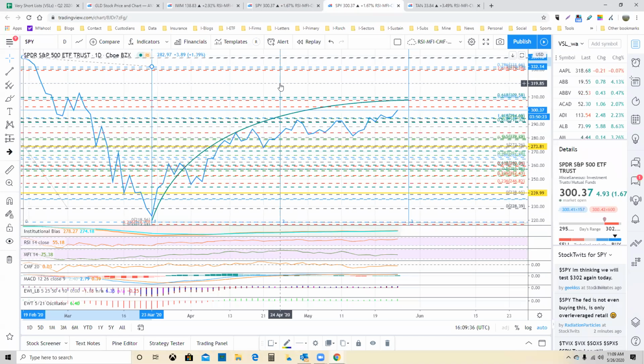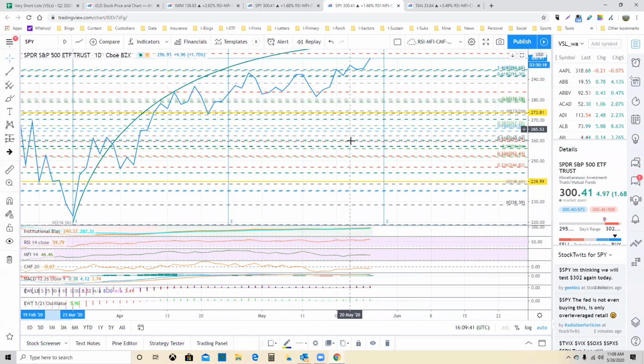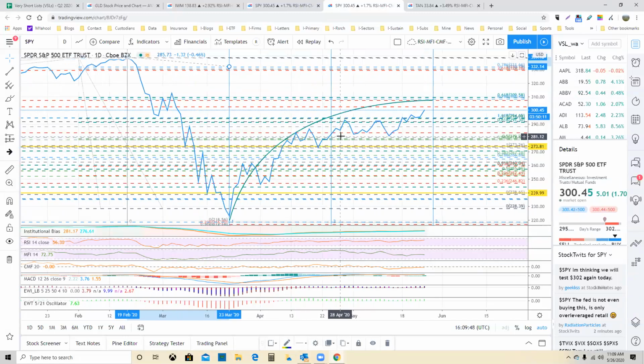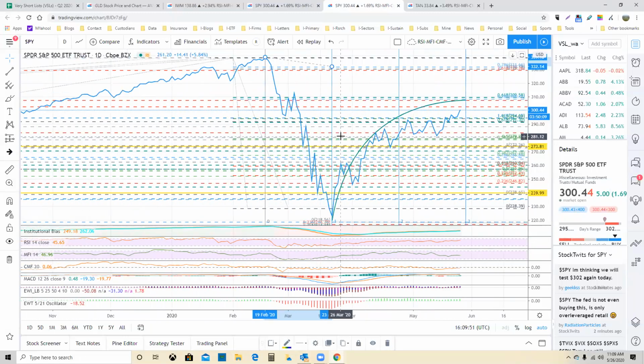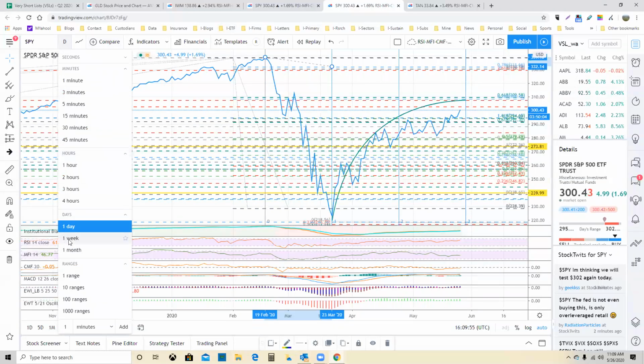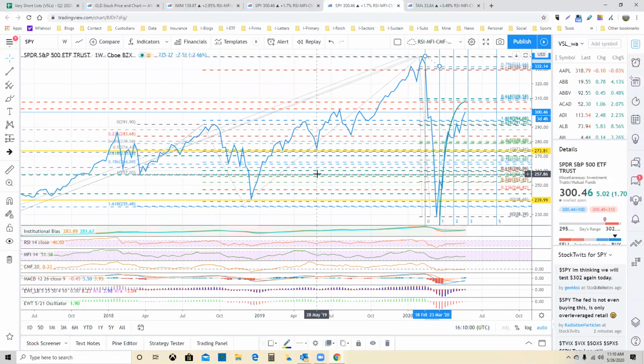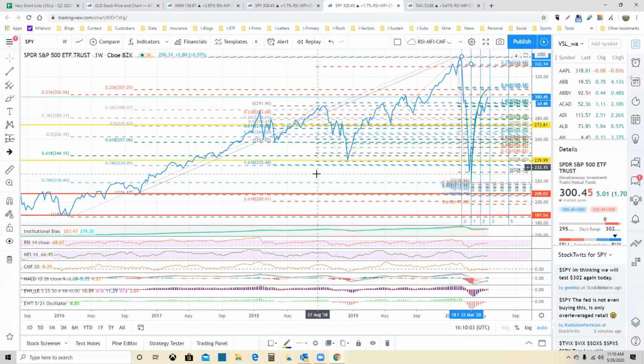I'm going to keep that one just because look how it matches up. Okay, we'll keep that. And I do actually prefer the weekly chart for this. Man, that just gets ugly, doesn't it? Let's do two of these.